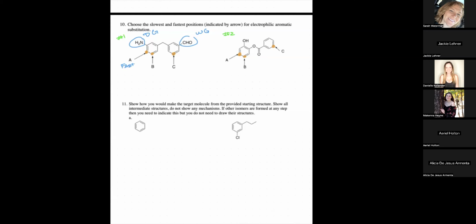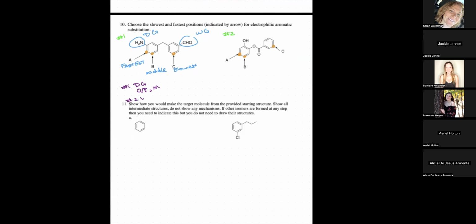Then what? Would C be the slowest, and then B would be the middle because it's still the donating group, or would it be the slowest because that's not the one that it likes to do? It would still be the middle, because at the end of the day, the slowest is always going to be your withdrawing group. So a good rule to think of is number one is always going to be your donating groups, and it's going to prefer ortho-para, but then it'll take meta.